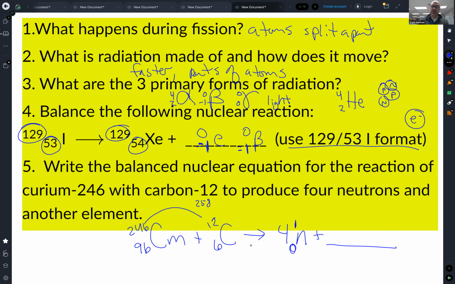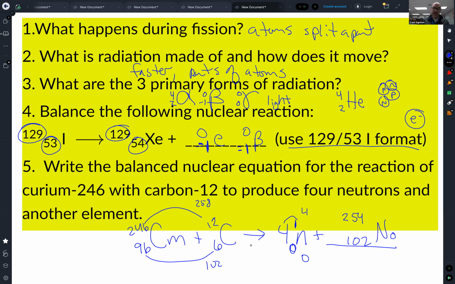On the right, we have a total so far of 4, so I need to add 254. Now on the bottom, I have 102 on one side and 0 on the other. So I need to find element number 102, and if I look on my periodic table, that's nobelium, No.